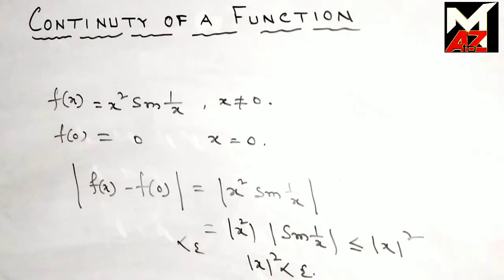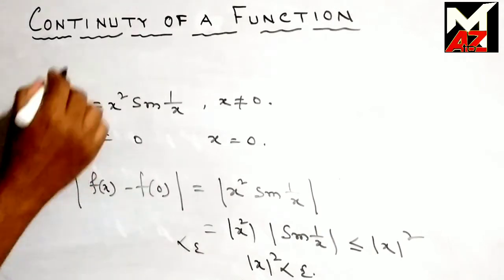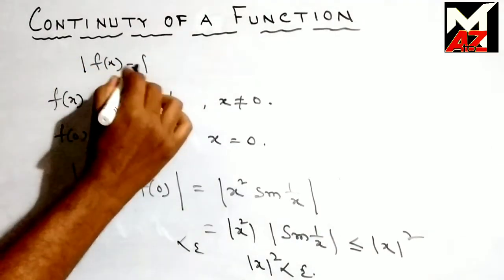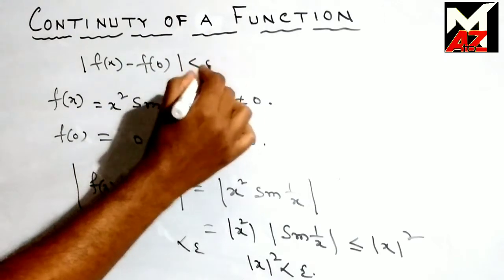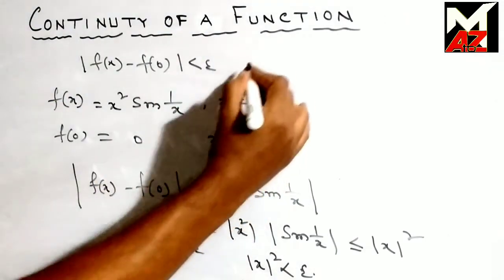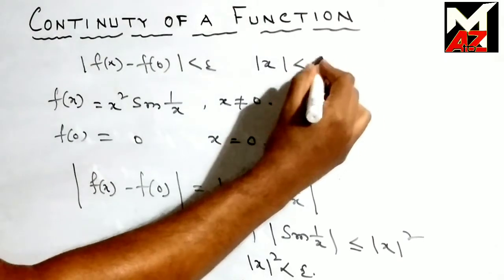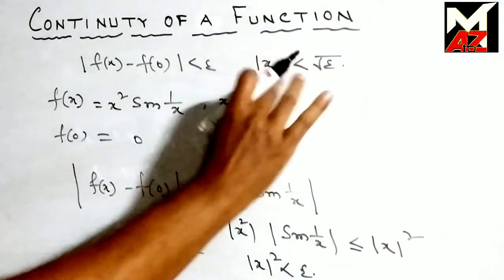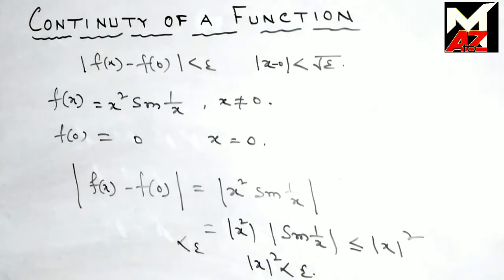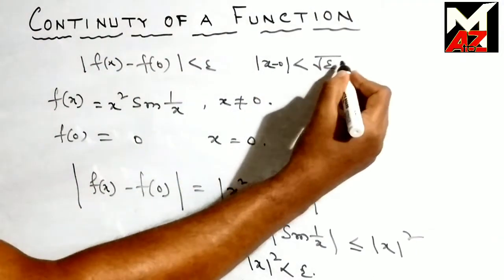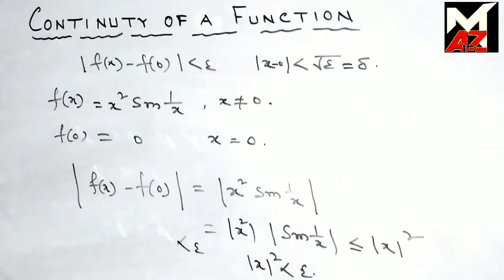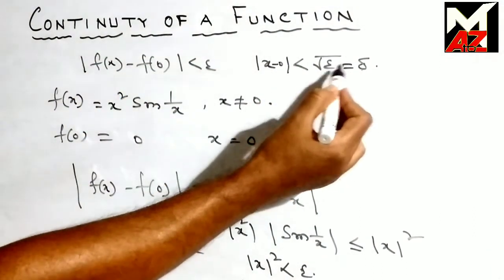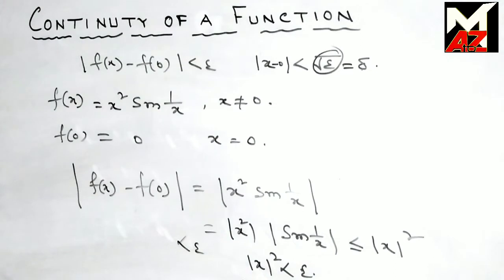So mod f x minus f 0 less than epsilon whenever mod x minus 0 is less than root epsilon, and we take root epsilon equal to delta. Clearly delta depends on epsilon because delta equals root epsilon. This is the epsilon delta definition of continuity, and this function is continuous.